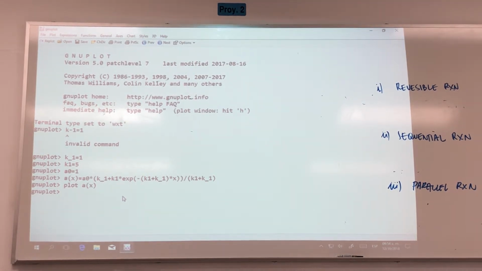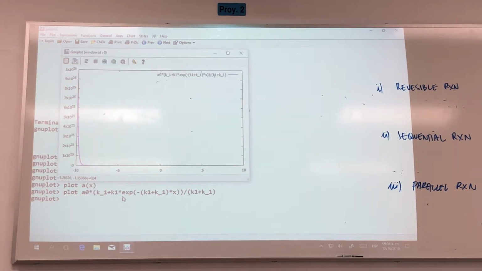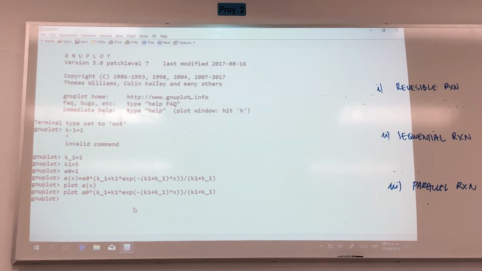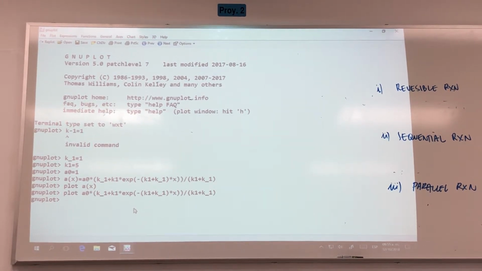Let's see if I'm plotting this correctly. Plot. This should be limited to 1. Where's the mistake?